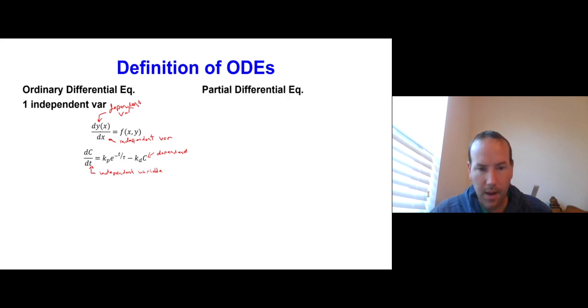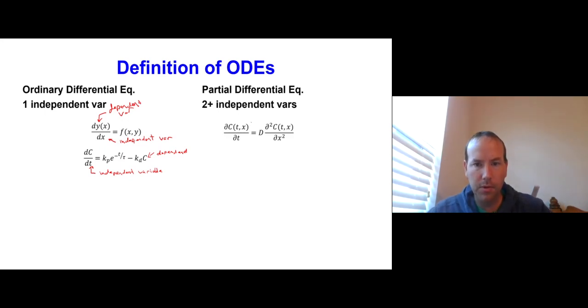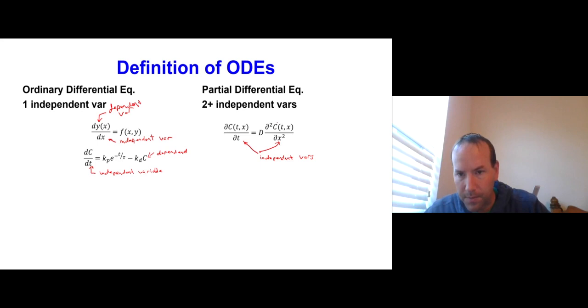Okay. You can also have partial differential equations that are different than ordinary differential equations. Partial differential equations have two or more independent variables. So the independent variables in this partial differential equation are time and space, and then it's also got a dependent variable.